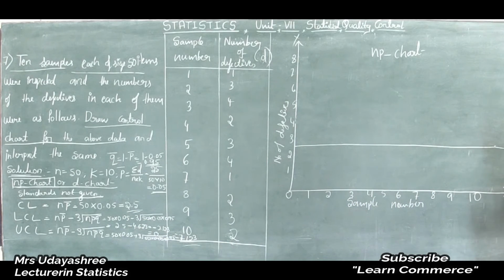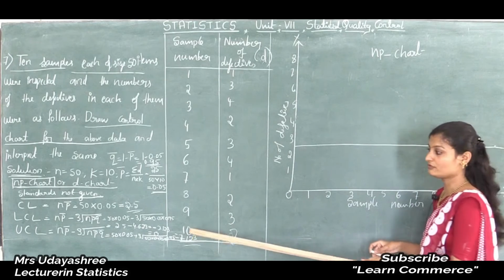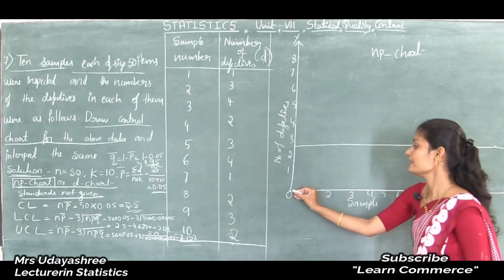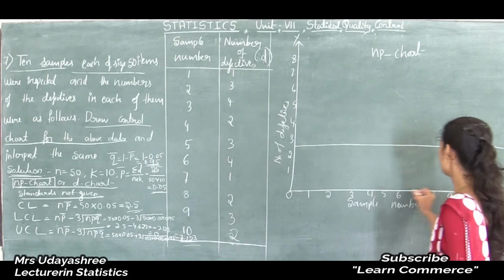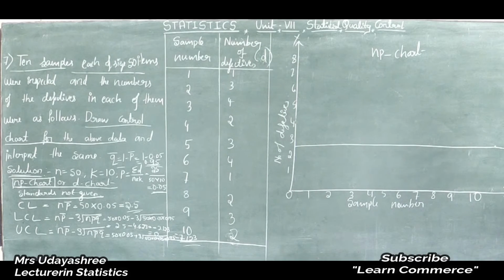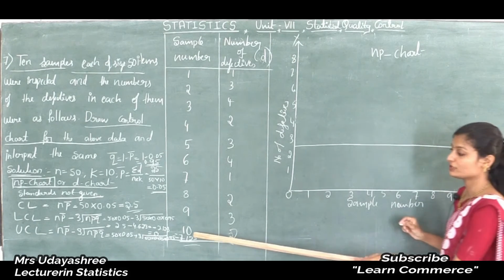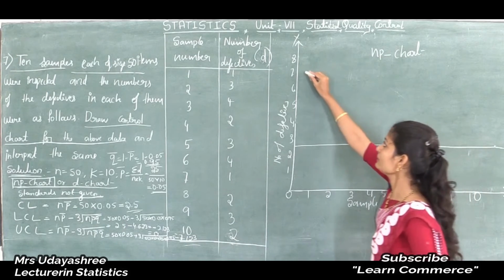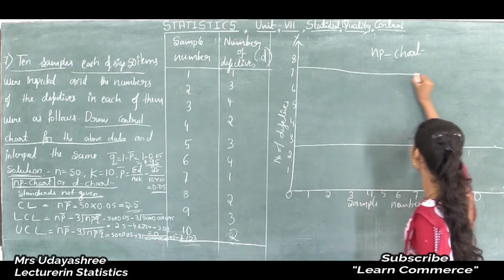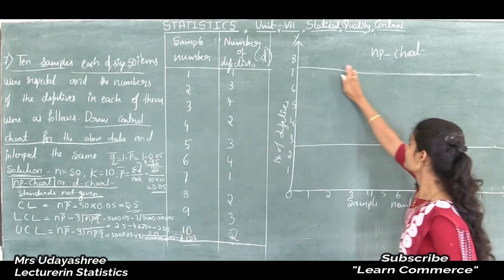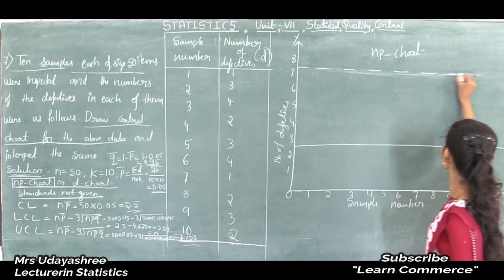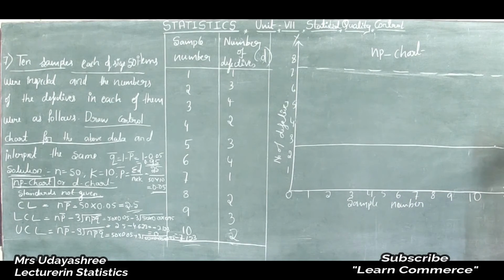This is the central line. Next, the lower control limit value is 0. 0 in the sense here the lower control limit is the x axis itself. This is the lower control limit. Then the upper control limit value is 7.13. So 7.13 comes here. I will draw one horizontal line like this. This is the upper control limit.